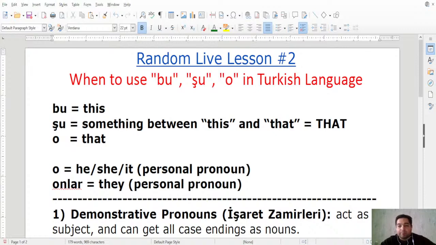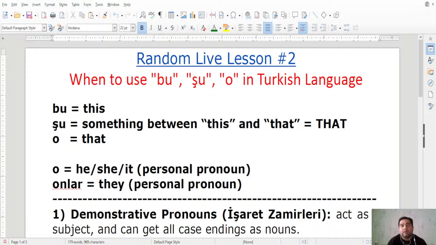And by the way, certain people can understand something as very close and say bu, and certain people can understand something distant as not very distant but say şu. So it's not necessarily a very big issue if you say şu instead of o. Just because you consider something a bit closer than distant doesn't mean you are wrong. For you it might be şu, not really o.